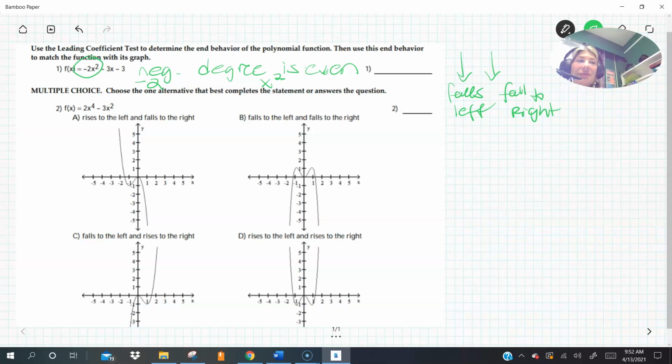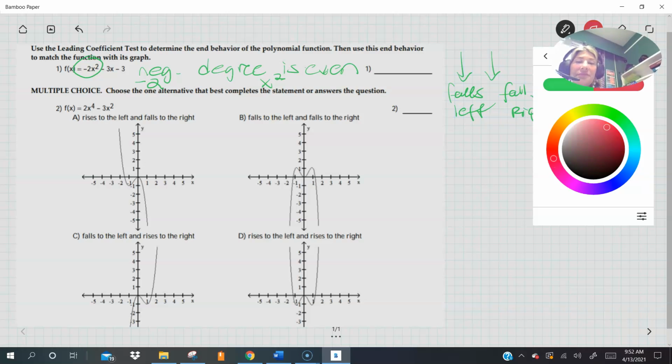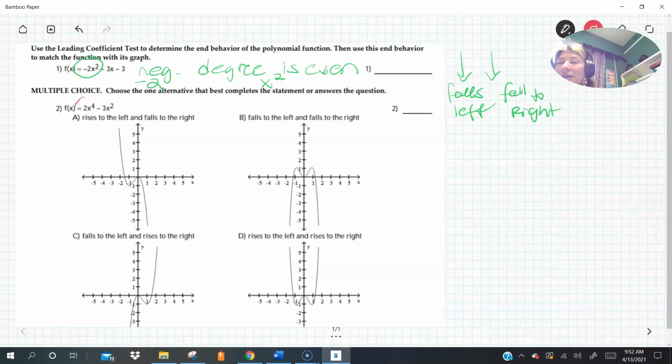Problem number 2 is very much the same. Choose the alternative that makes the best statement, and this time they draw us a picture. This is my leading term. It's 2x to the 4. The leading coefficient is 2.